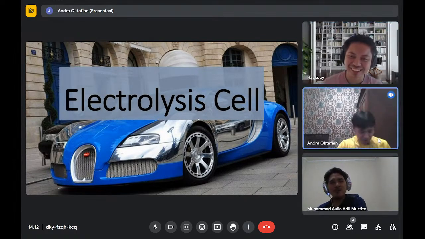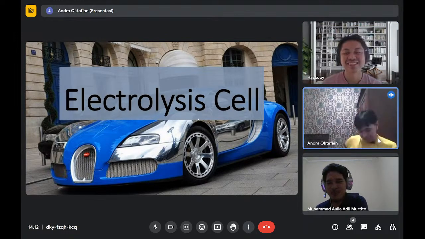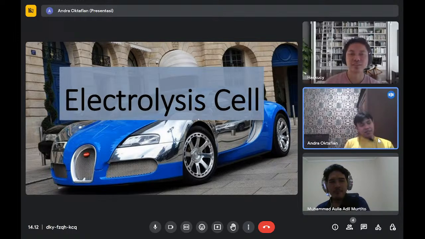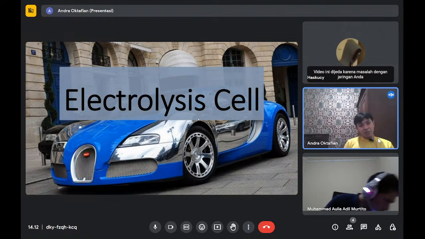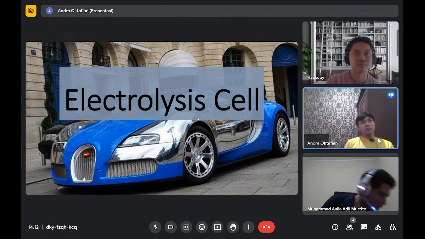So what is electrolysis? In the last couple of weeks, we already learned about many things in the electrochemistry series, and one of them is the voltaic cell that we already set up.